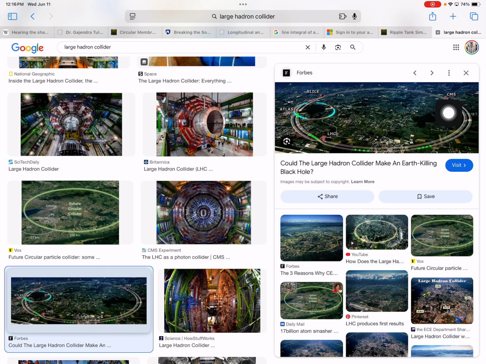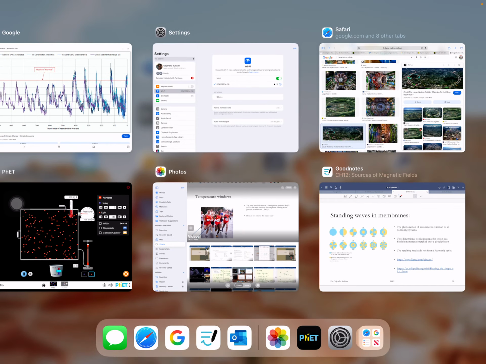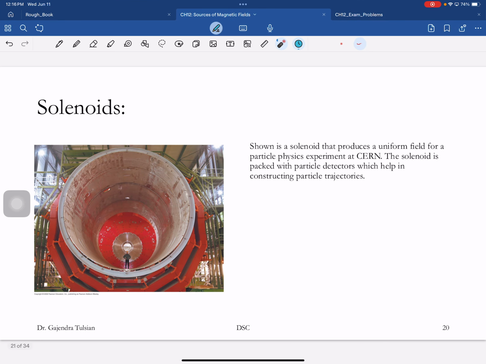Here are the detectors, CMS, Atlas, Alice, and all those. That's where the detectors are. You go to UF, go to the basement in physics, and you can see this there. So inside this is a solenoid. You have a strong magnetic field inside like this. And this thing is packed with detectors.